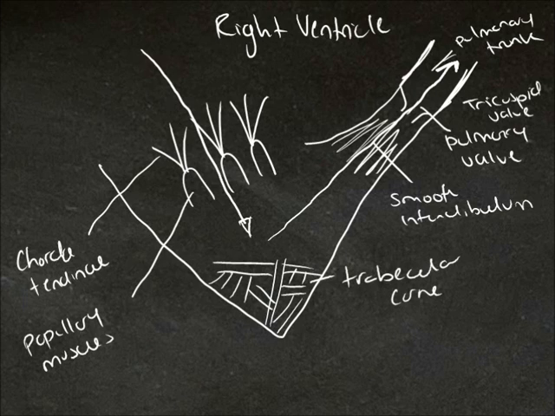Then we have the pulmonary arteries. These are going to the lungs to become oxygenated. So the right ventricle and atrium are dealing with deoxygenated blood and returning it to the lungs to become oxygenated again.